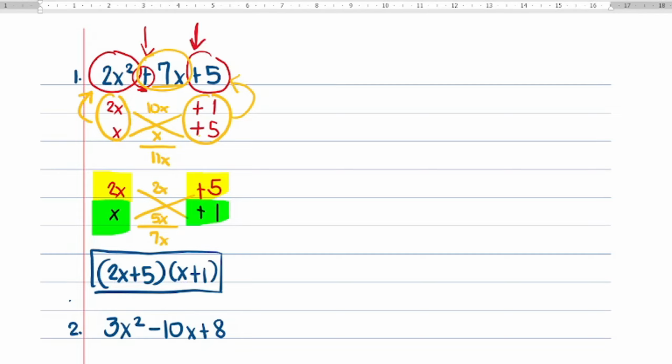Now, let's try answering this using the AC method. So, the AC method. This trinomial is just a representation of ax squared plus bx plus c. Meaning, our a is this, then our c is the constant or the third term. So, for AC, we will just multiply a and c.